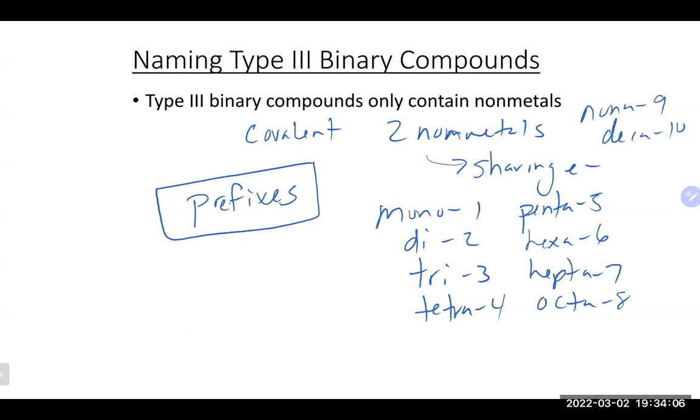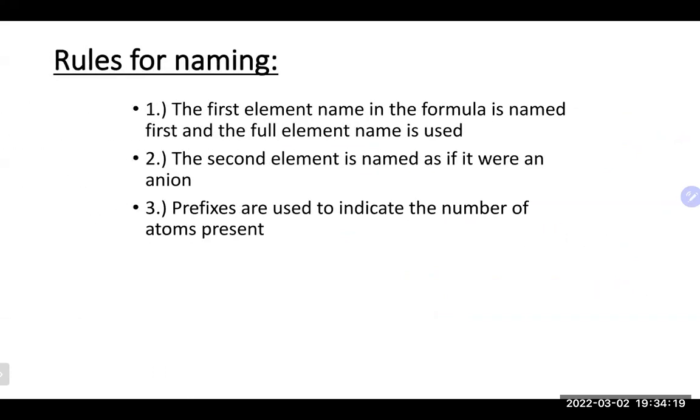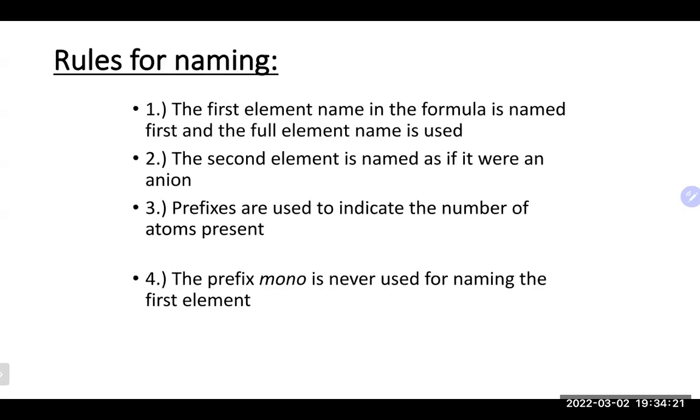We kind of do a very simple one. We give a prefix to the first guy, we give a prefix for the second one. And there's a couple of things that are slightly different that we do here. But the nice thing is you really don't have to worry about balancing charges or what charges are. You pretty much just need to count and use the appropriate prefix.